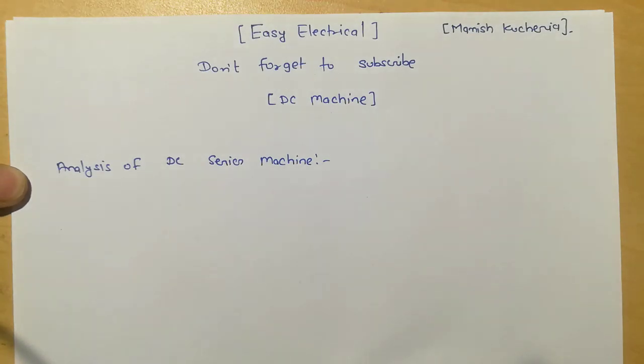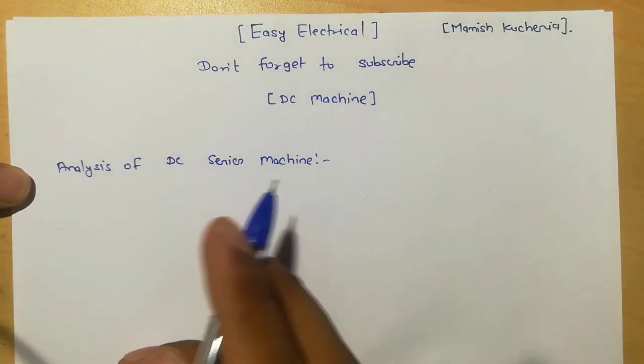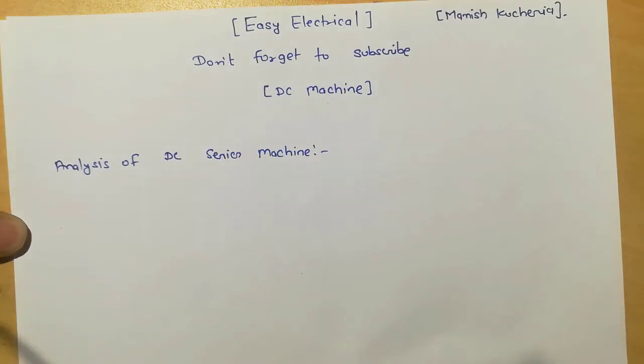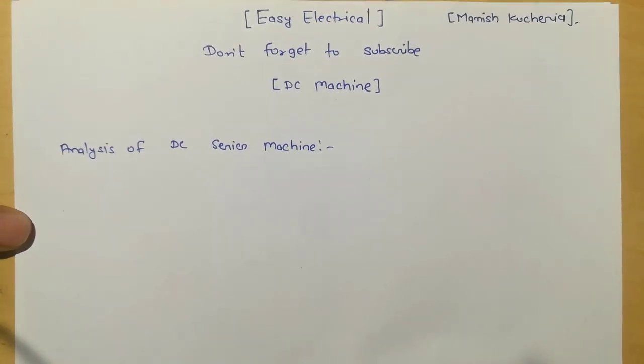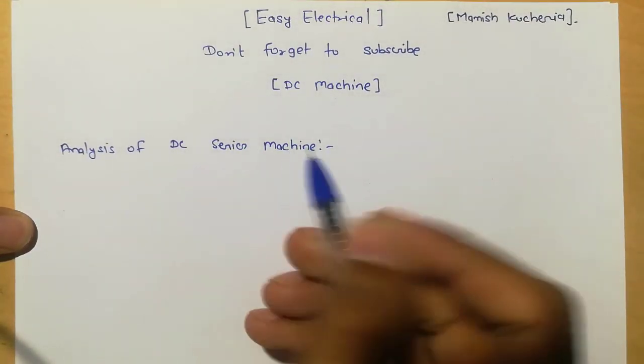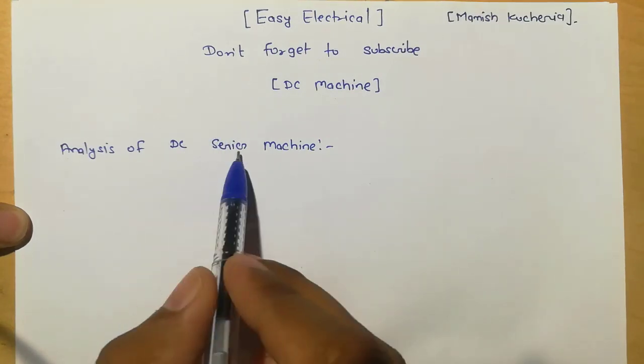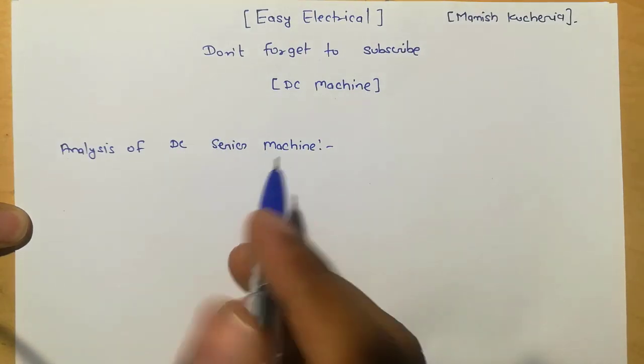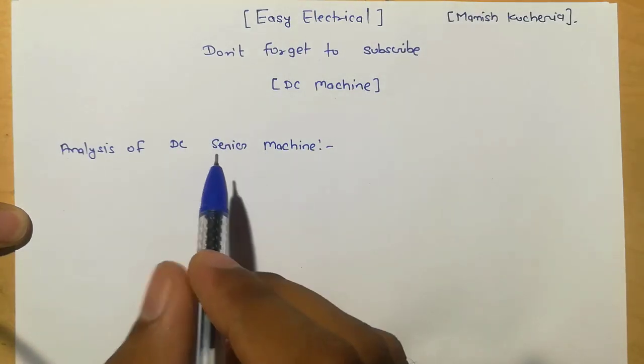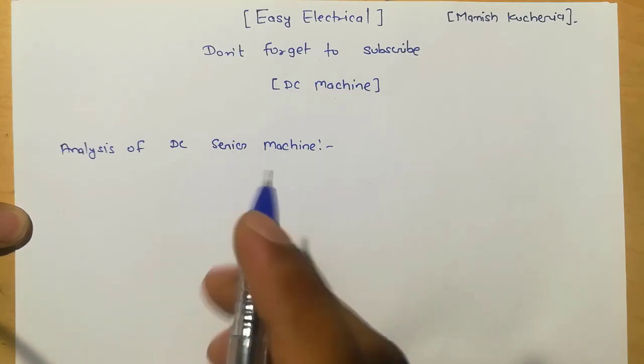Okay, so in the DC series machine, first of all we draw an equivalent diagram. By the name series machine, it means the field winding is in series with the armature winding.